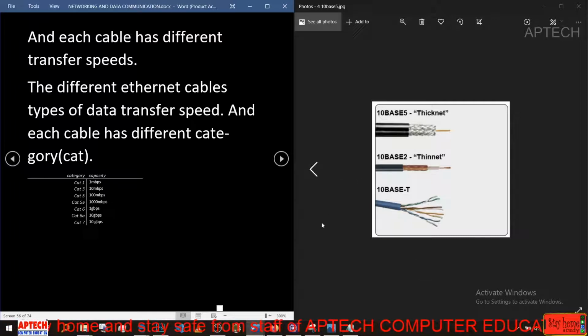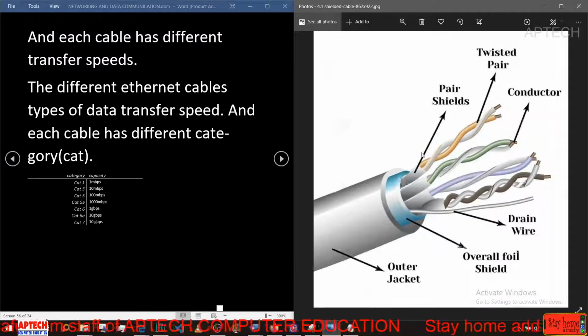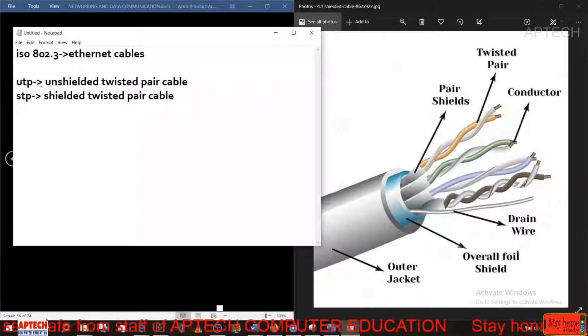This is how the interior looks. One thing you have to notice is there are two types of Ethernet cables. There is the shielded and the unshielded twisted pair cable. The shielded has a foil inside. This one is shielded.